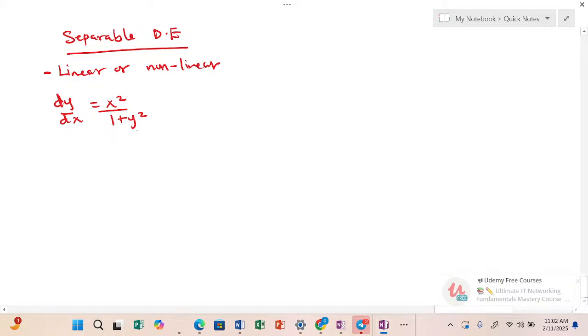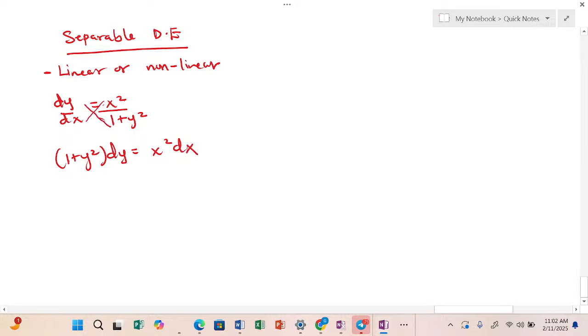We can separate the y values and the x values. So let's effect that separation. So we come to a point where we have (1 plus y squared) dy is equal to x squared dx. We just did a cross multiplication and we had this. So you can see we now have separated the x and y values.